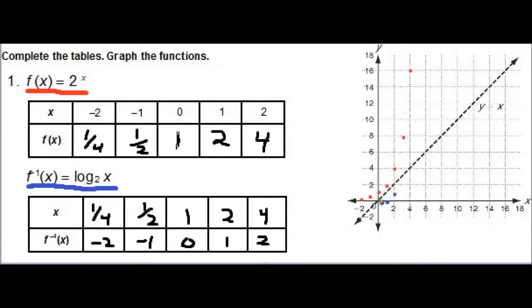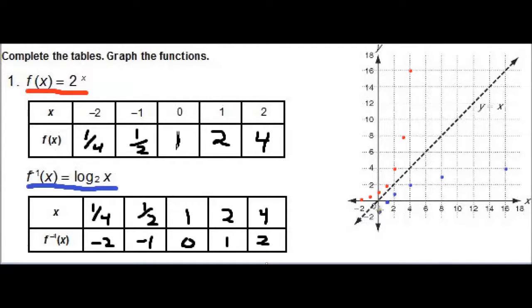The original graph had a point at (2, 4), so we're going to put a point at (4, 2). The original graph had a point at (3, 8), so we're going to put a point at (8, 3). And (4, 16), so we're going to go to (16, 4).